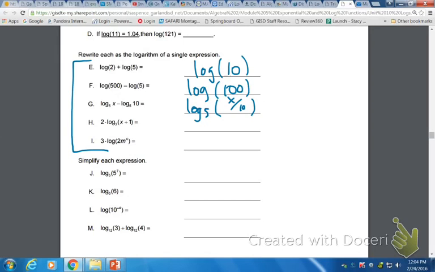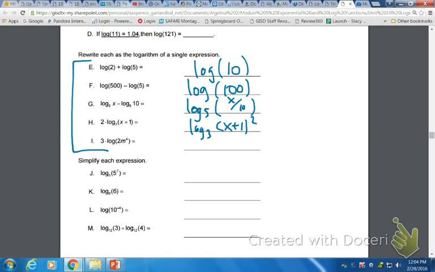So I've got to take my multiplier of 2, and I've got to turn it back into a what? Exponent. So this would be log base 3 of x plus 1 raised to the second power. Okay? And you could go ahead and FOIL that out, and you could multiply that to get that quadratic back. We won't do it now, but you can, yes. You could go ahead and work that a little bit further.